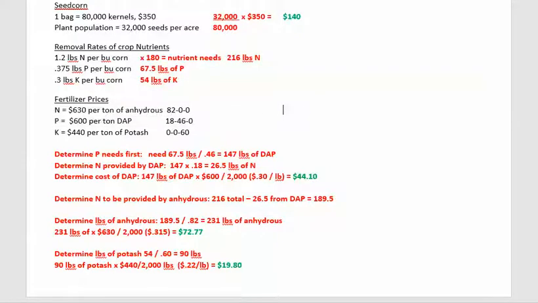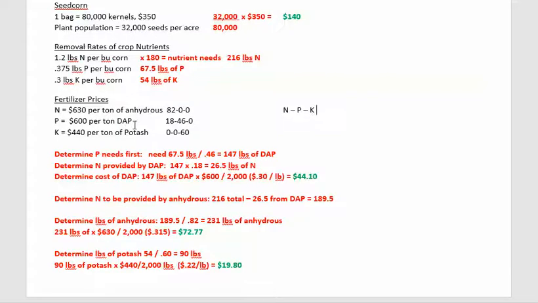Always remember, the fertilizer analysis is described in percents of nitrogen, phosphorus, and potassium. NPK, nitrogen, phosphorus, potassium. Anhydrous ammonia here, 82% nitrogen, 0% phosphorus, 0% potassium.